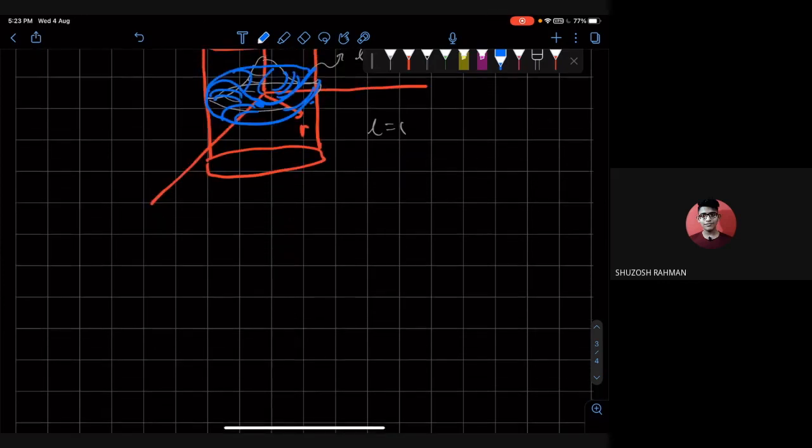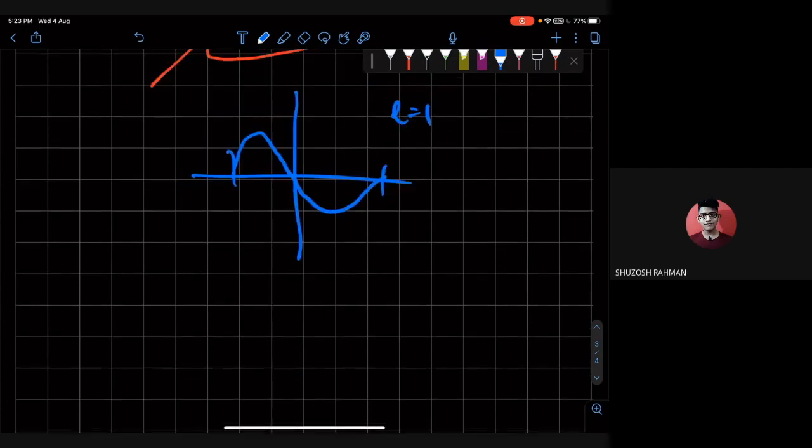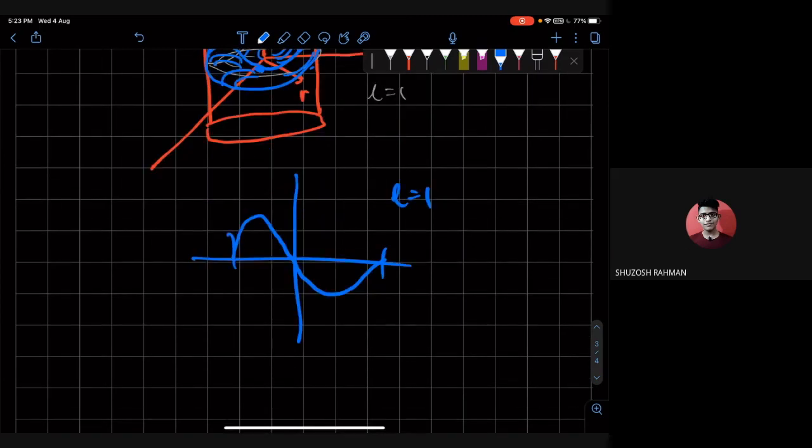If I take a cross section, for the L equals 1 case, the wave function will be something like this. I'm not saying it'll exactly be like this, but what I'm saying is that it's going to be 0 at the origin. Okay.